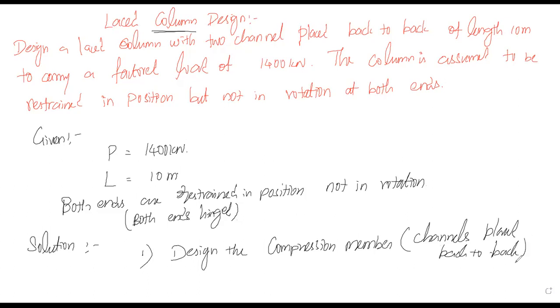From both ends hinged, the effective length of column is equal to K into L. So K is 1 into L, so 10,000 mm. So next page, from page number 34 of IS 800.